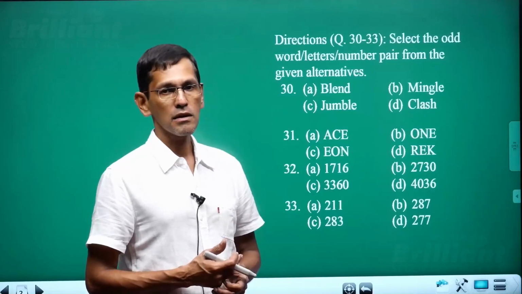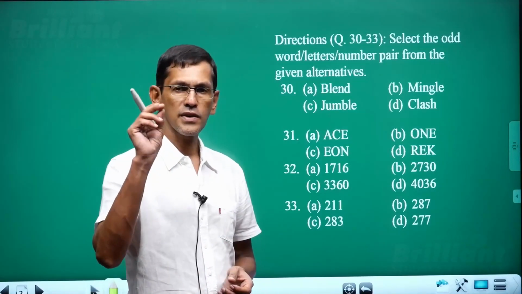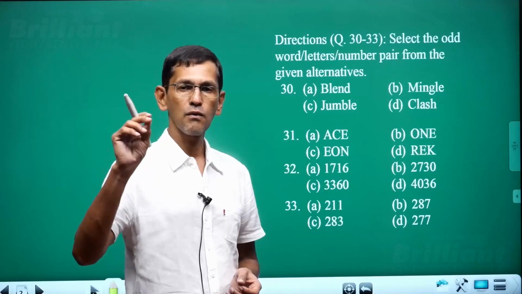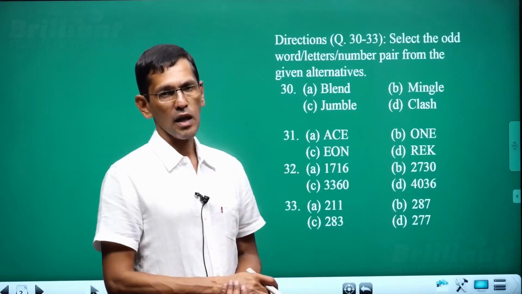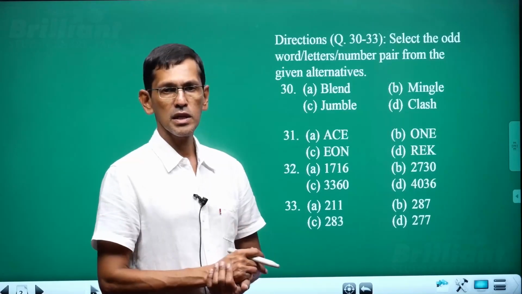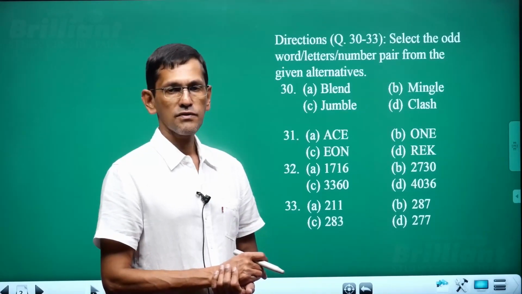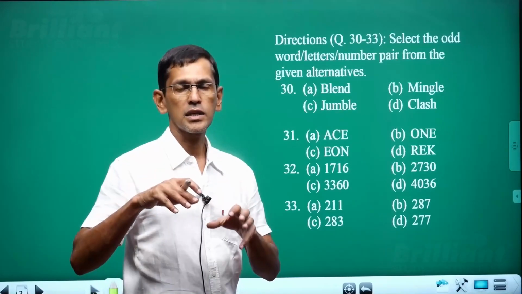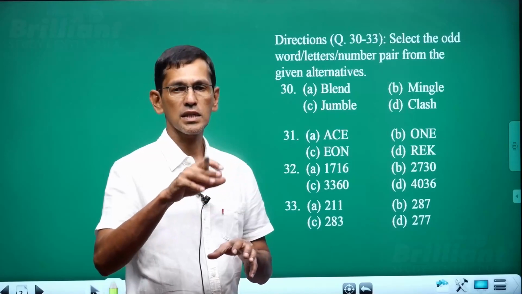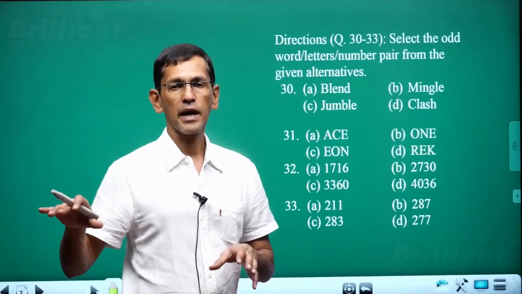Well, jumble, probably you may have heard of that in competitive exams: jumble words, jumble letters in a word. Sometimes it's jumble words as well. So that is one of the meanings of jumble. Another meaning of jumble is people getting into a crowd which doesn't have any kind of pattern, a random crowd.